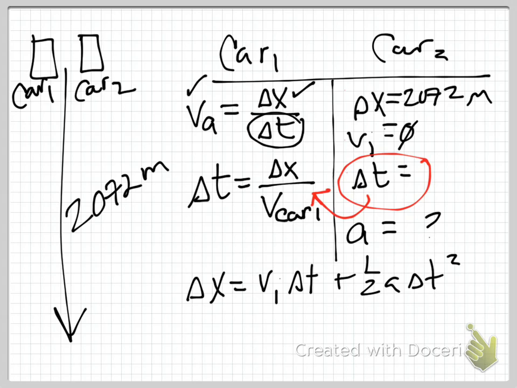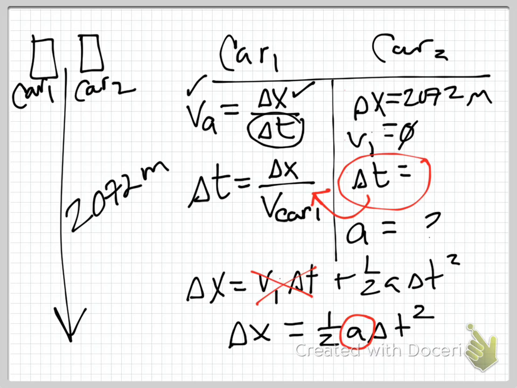So a couple things happen right off. What's the initial velocity for car 2? 0, which means this whole part of that equation disappears, which makes this much simpler. So we now have delta x equals 1/2 a delta t squared, and we're interested in solving for a.